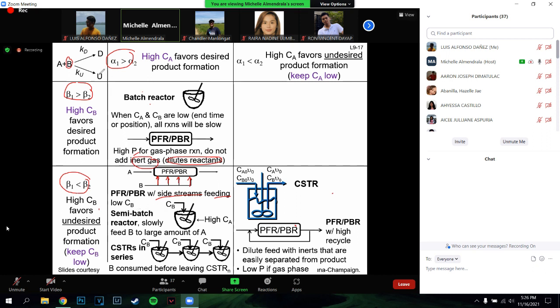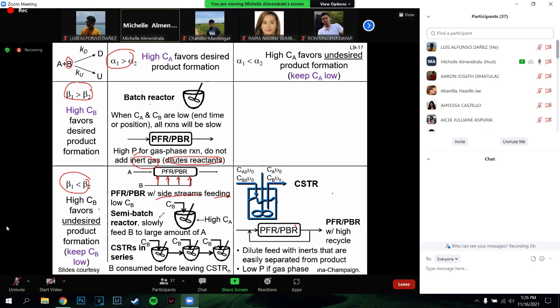This is just competing reaction. For a semi-batch reactor, you slowly feed B to a large amount of A because we want to keep A large.